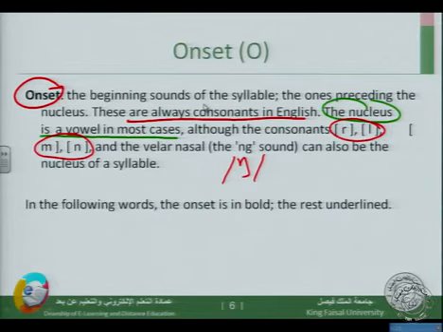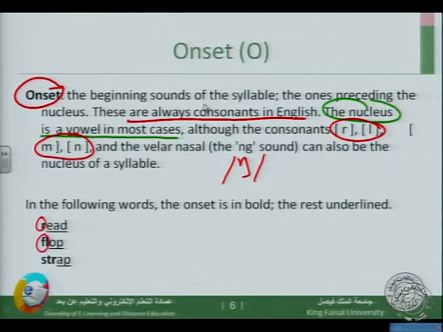Okay. In the following words, the onset is in bold, the rest underlined. Notice now, where is the onset? This is the question. Where is the onset? In the first word, the onset is R. The rest, the underlined part, is what we call the rest. Where's the onset right here?